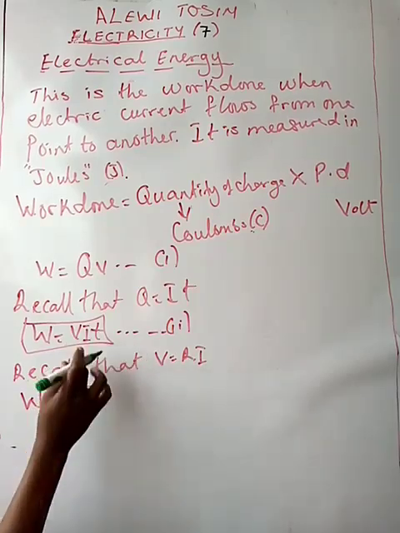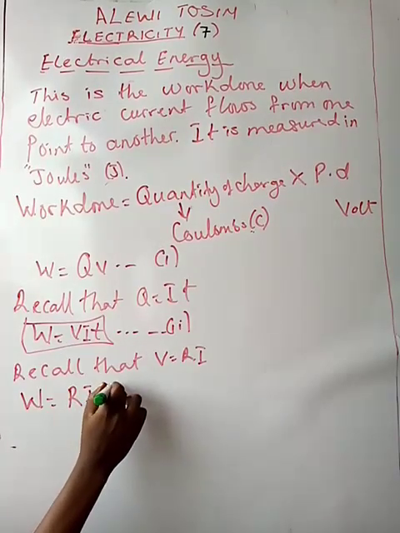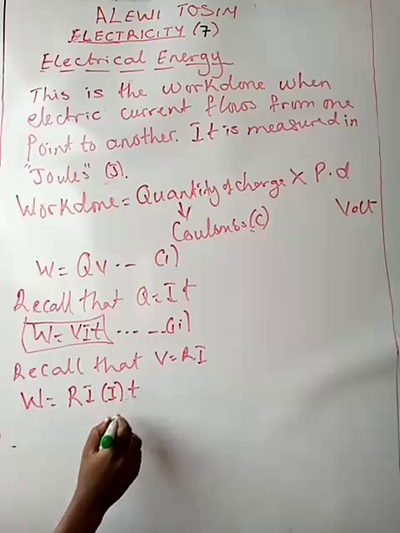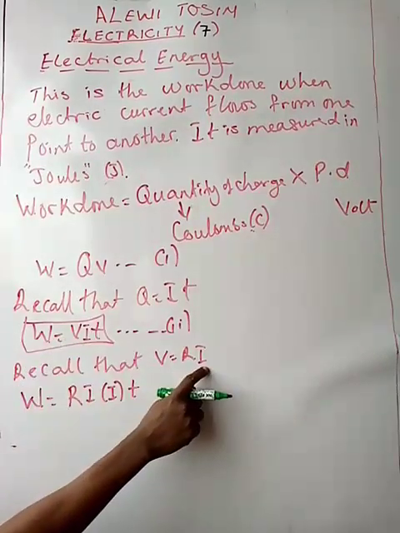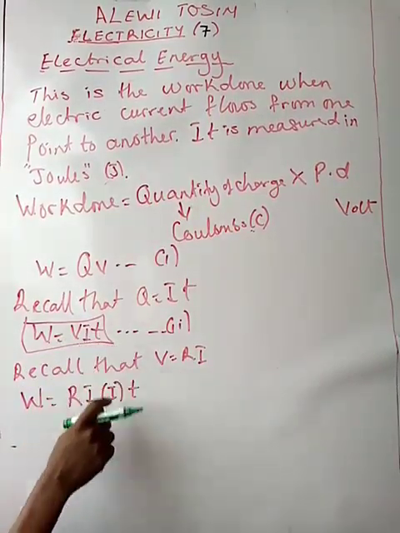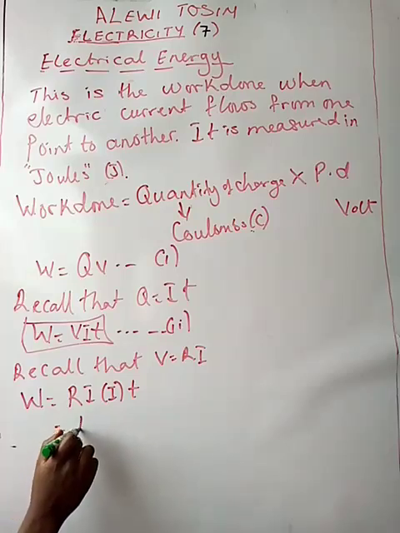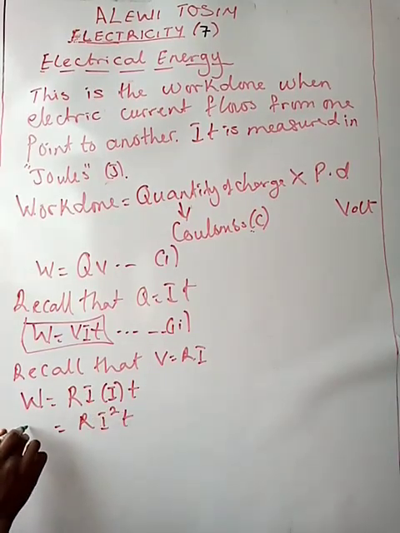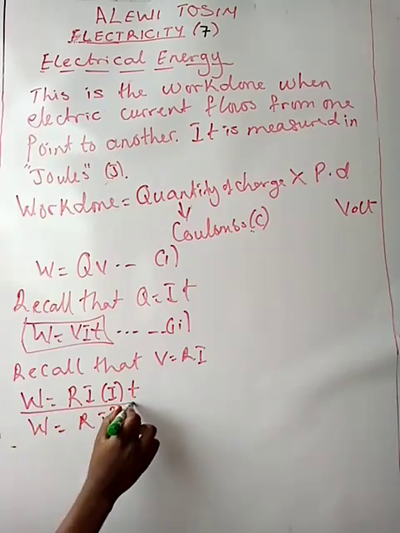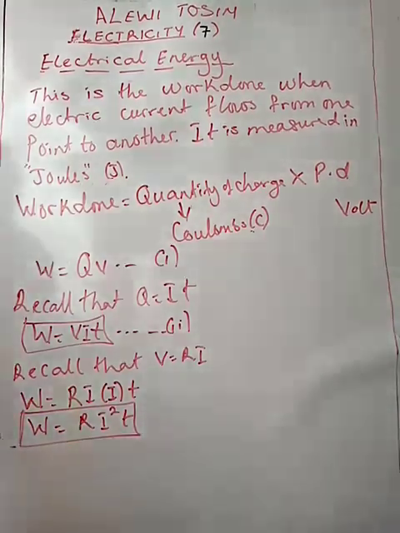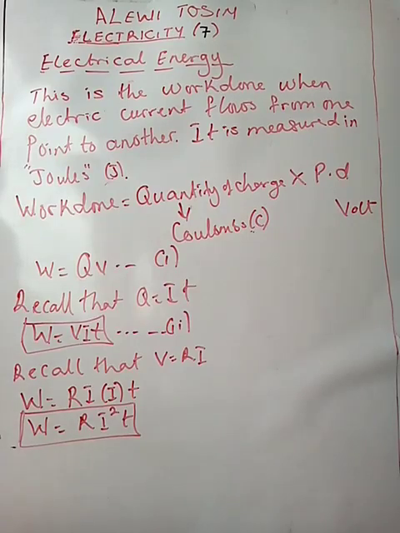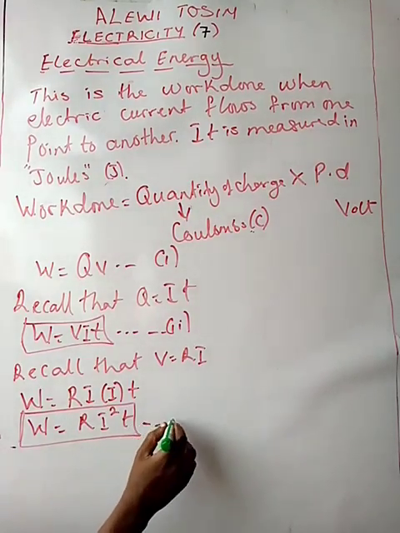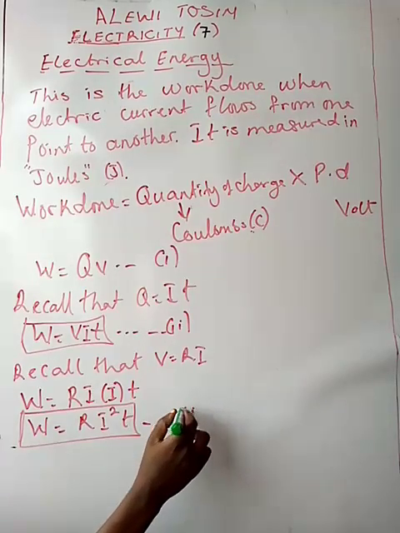That's our V. Then this I is I, and T. Our V is RI, then our I is I, then this is T. So with this, we can say that W equals R times I times I, which is I squared, times T. So this is also a formula for electrical energy, depending on the givens in the question. Let's call this equation 3.